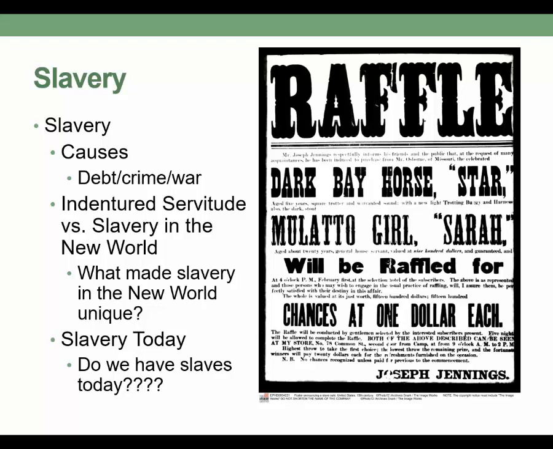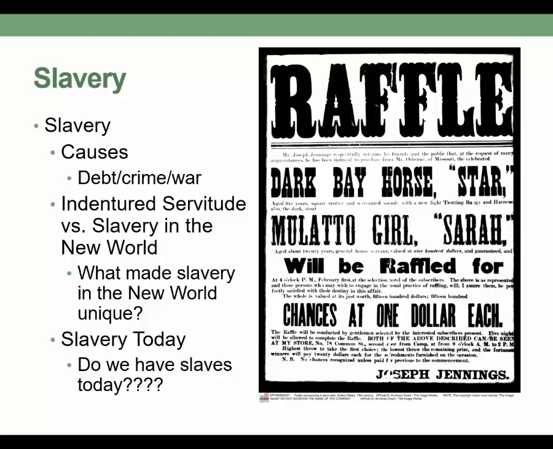So let's talk a little bit about New World slavery. It's worth noting that initially there was a lot of blurring of the lines in the early years in America between slaves and indentured servants.